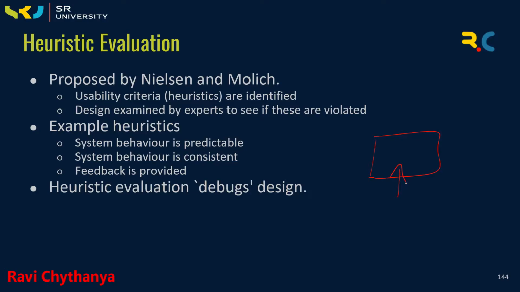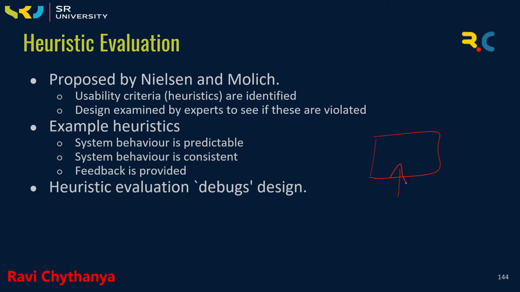If they are violated, then the design is not according to the requirements. Example criteria are: system behavior is predictable, system behavior is consistent, and feedback has been provided.